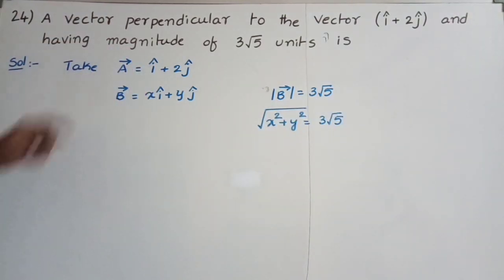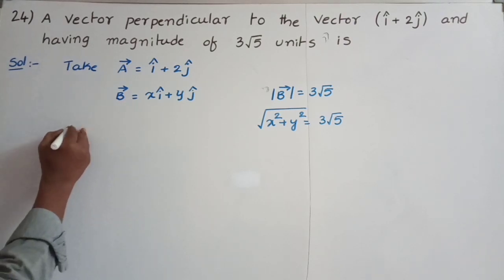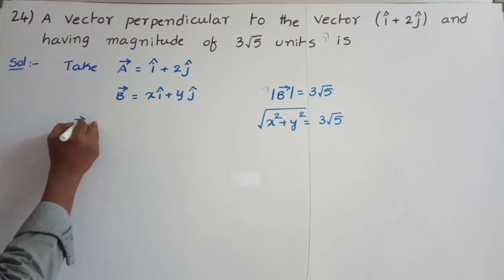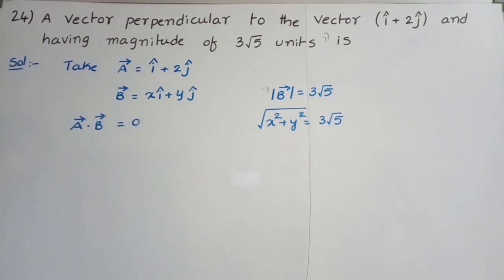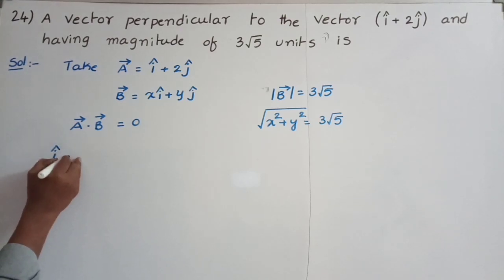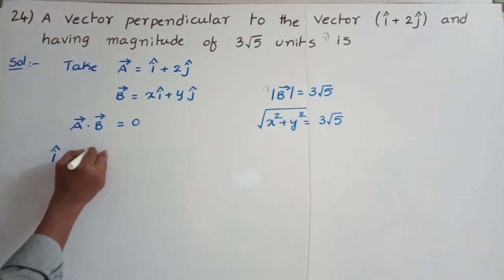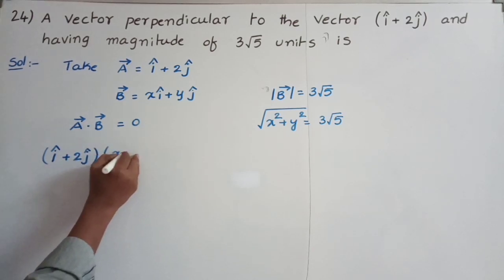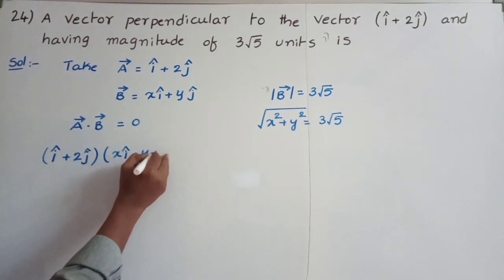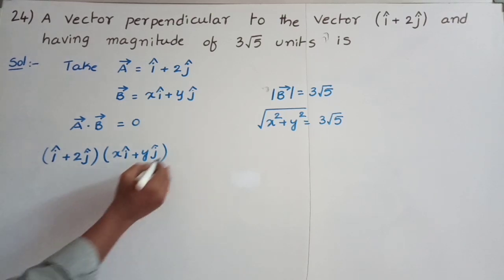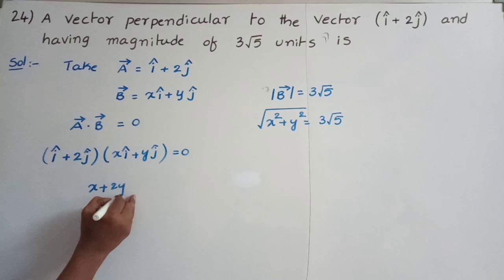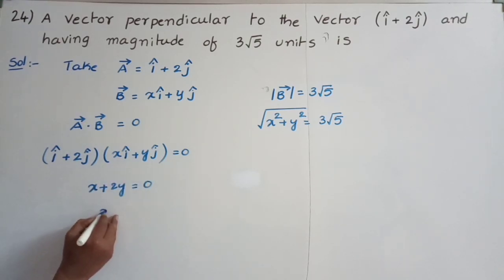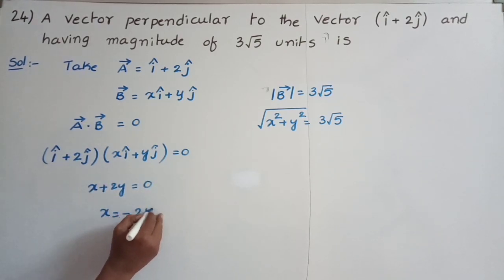According to the problem, a bar and b bar are perpendicular. Perpendicular vectors means their dot product is equal to 0. So we can write i cap plus 2j cap into x i cap plus y j cap is equal to 0. Multiply: x plus 2y is equal to 0. From this we can write x is equal to minus 2y.